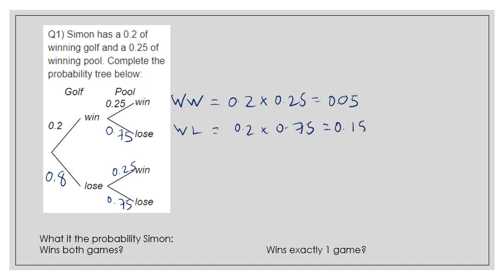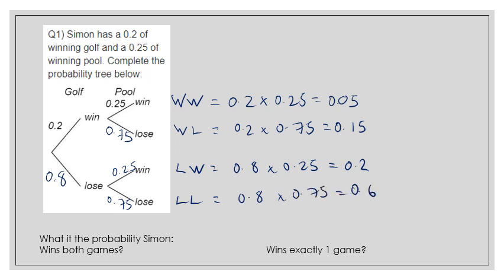That gives us 0.15. Next one, we've got lose win, which is 0.8 times 0.25, which gives me 0.2. And I've got lose lose, which is 0.8 times 0.75, which gives me 0.6.